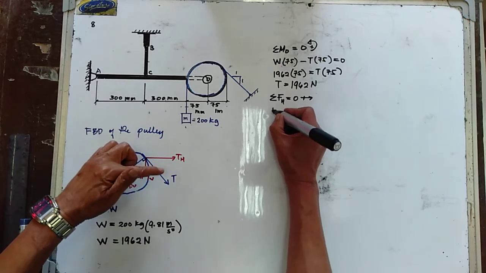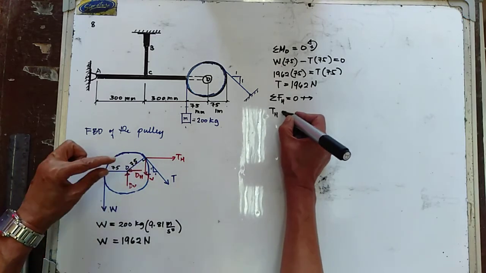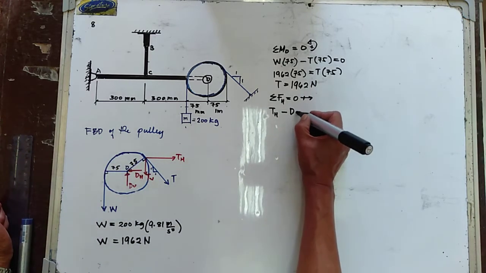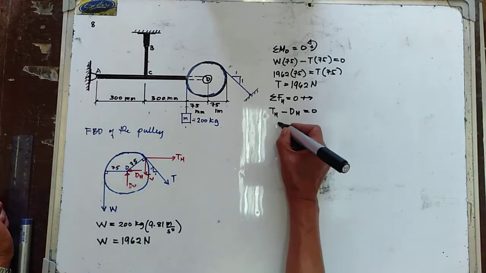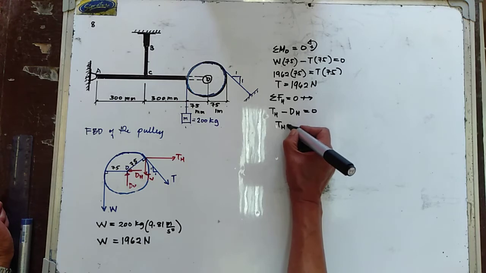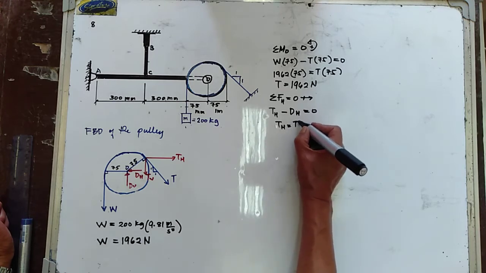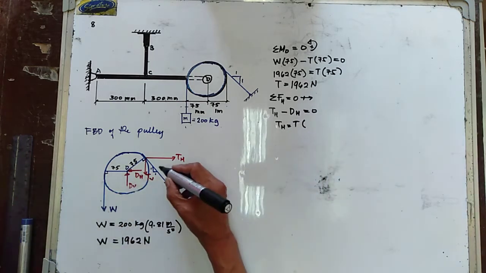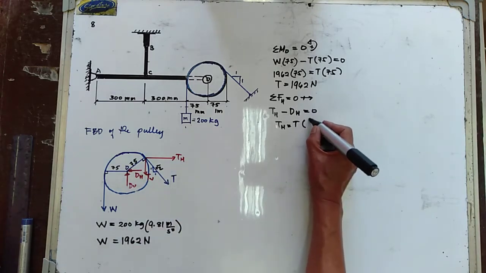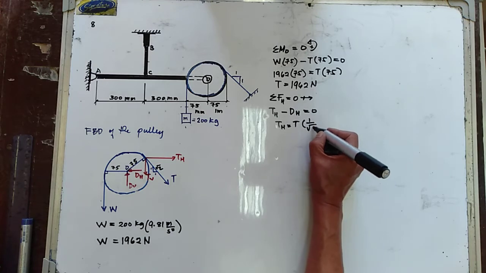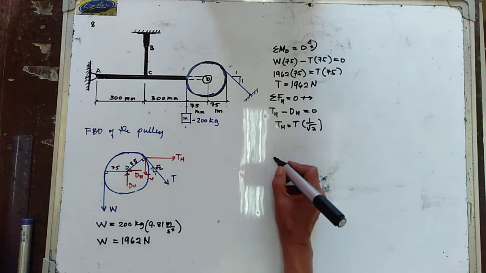So we have the horizontal component of T. I'm going to resolve at this point, so this is your T horizontal, and this one is your T vertical. So T horizontal minus D horizontal is equal to 0. Your T horizontal is equal to T multiplied by 1 over the square root of 2.